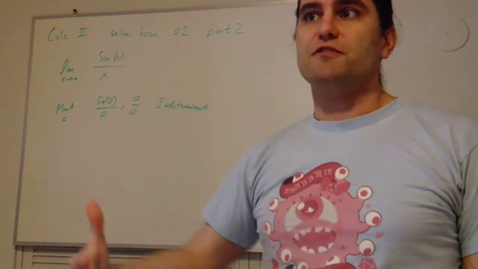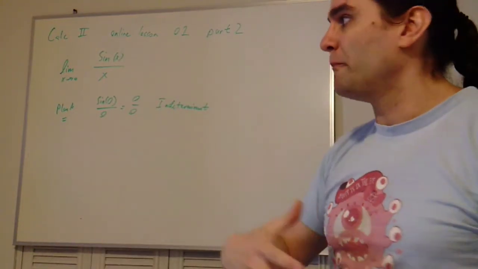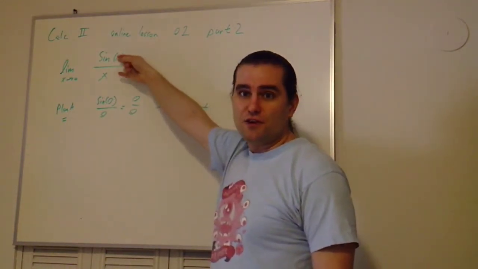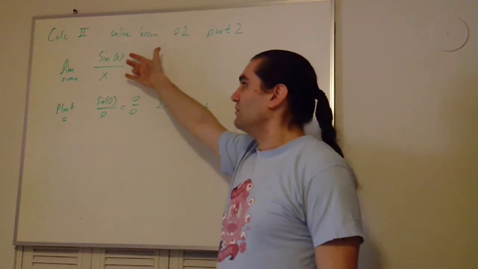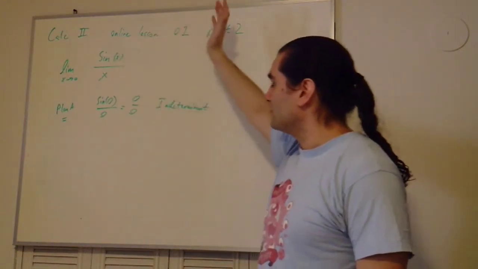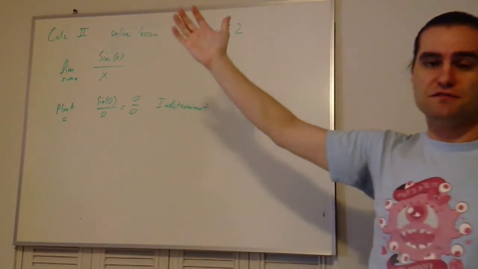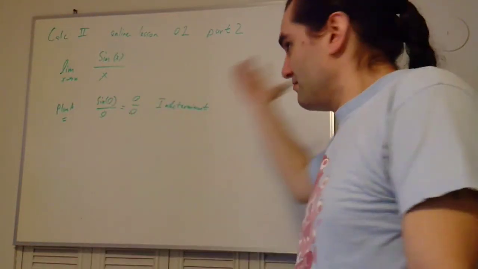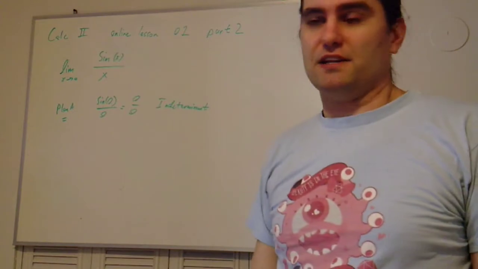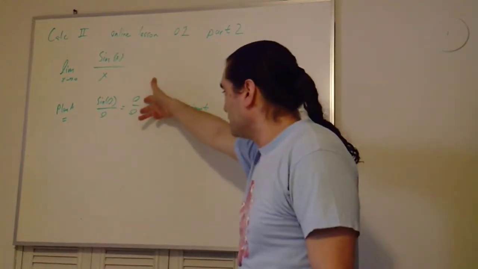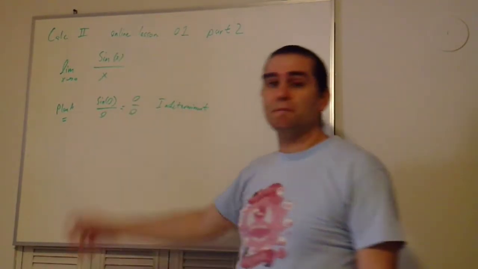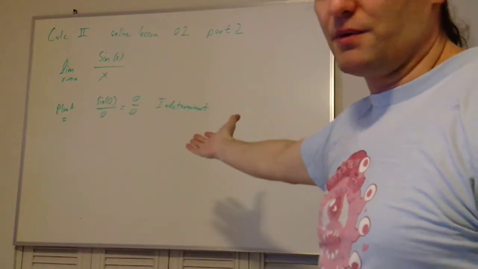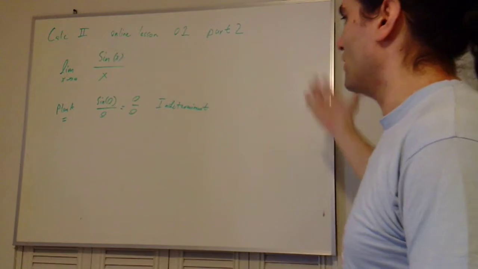Those are all different ways that we simplified it for the original plan B. There is nothing you can do to this. There's no trig identity that will make this simpler. There's no factoring that can be done. It's just sine of x over x. There's nothing you can do to that that'll make it not give you an indeterminate form when you plug in this number. So, it's for problems like this that we have L'Hopital's, and we get to use our alternate plan B.